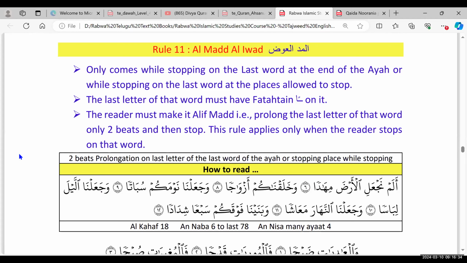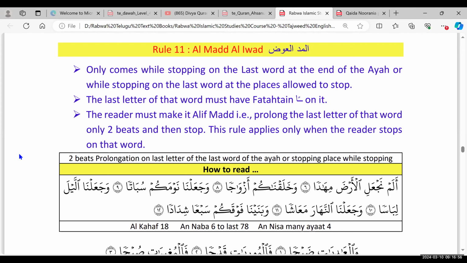Wherever it is allowed to stop, there is a sign to stop. Generally you stop at the end of the ayah, that is a circle with the ayah number. In that situation only, Madal Iwad and Madal Arid lil Sukoon apply.